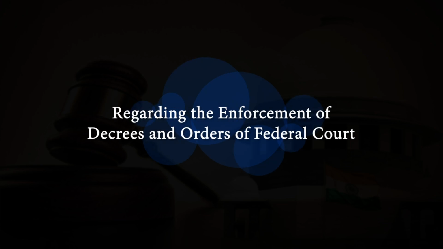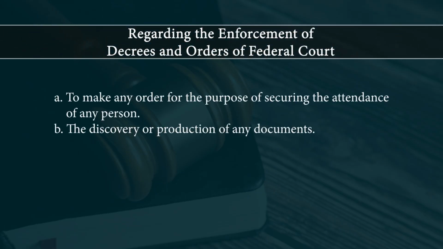Regarding the enforcement of decrees and orders of the federal court, the Government of India Act 1935 mandated that all authorities, civil and judicial, throughout the Federation should act in aid of the federal court. The federal court, in respect of British India and the federated states, had power, firstly, to make any order for the purpose of securing the attendance of any person.